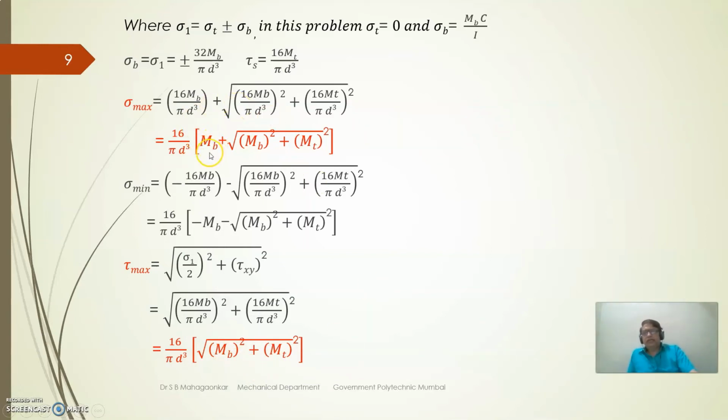Similarly, torque equivalent for the tensile stress is equal to this one. Any one of these we can use to find out the diameter, either tensile or shear.